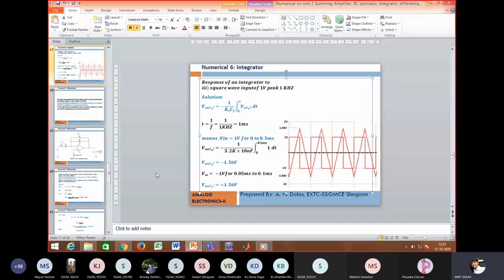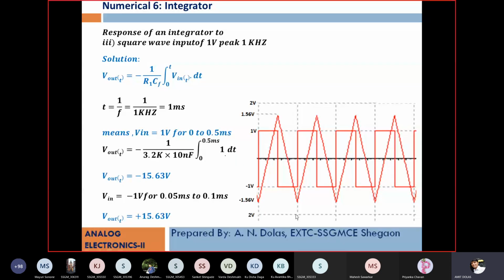So it will be minus 15.625, which means 63 we can say, and plus also will go the same, plus 15.63. So one decimal point makes a huge difference. Directly the output increased by almost 10 volt because of one mistake; it was 10 volt less.